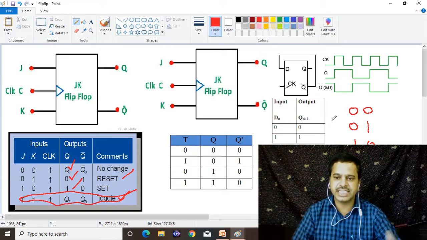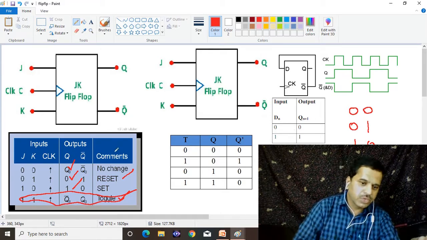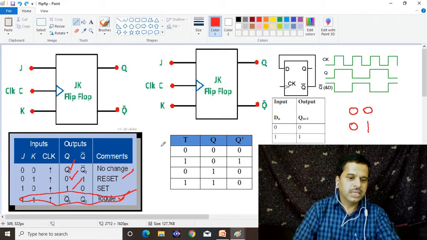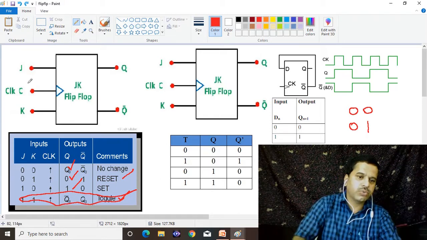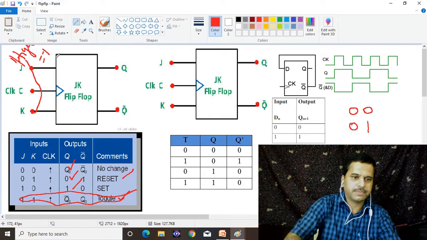Continuously the state is changing. So we require a toggling condition here. To make the JK flip-flop a counter, we must use J equal to 1 and K equal to 1. Then this state will be used. So we have to make J and K equal to 1.